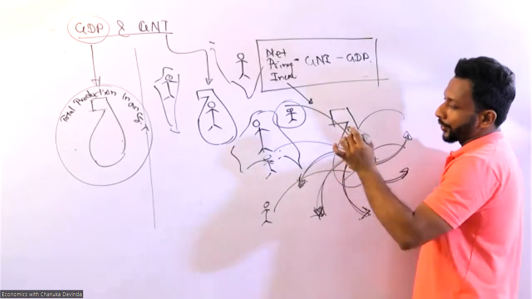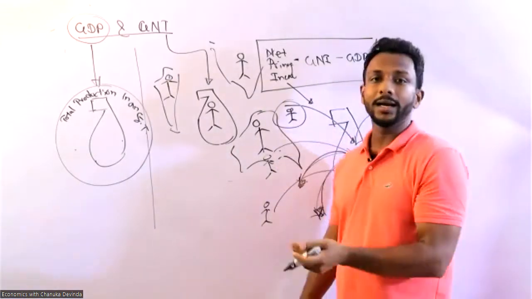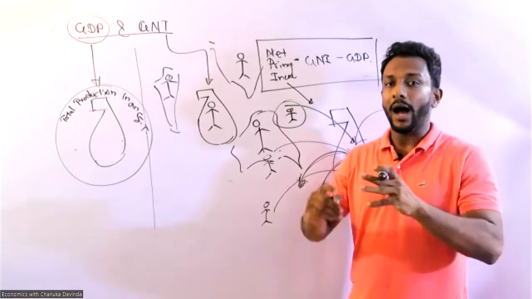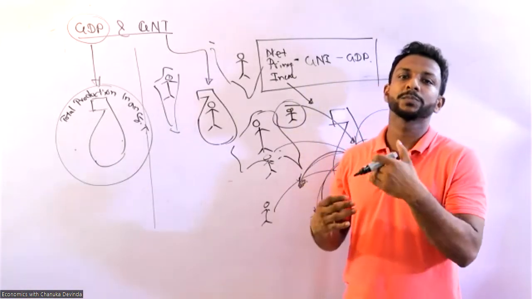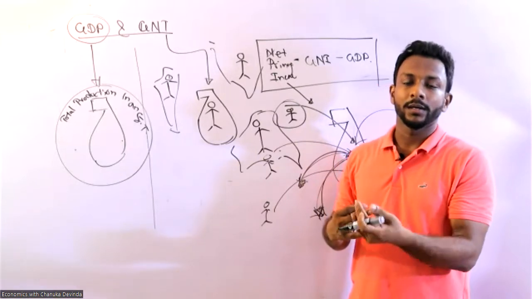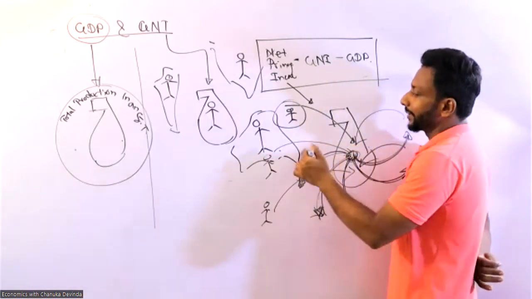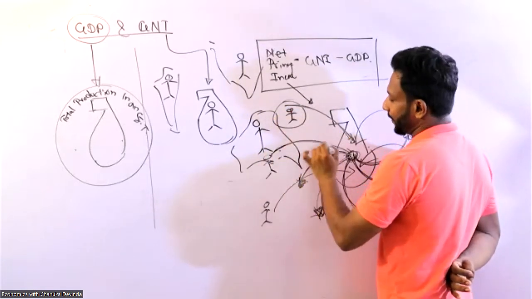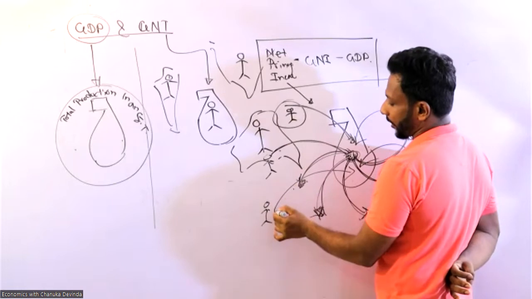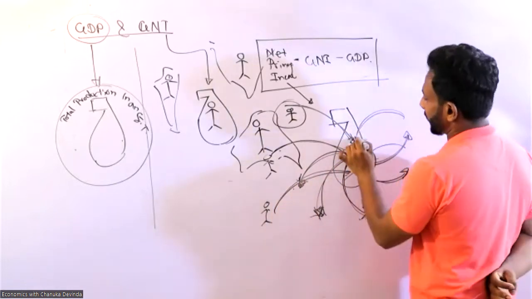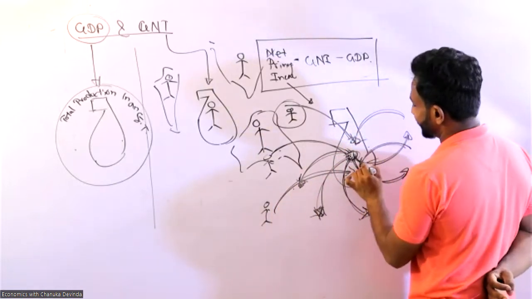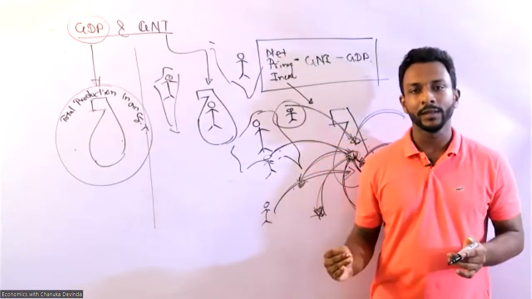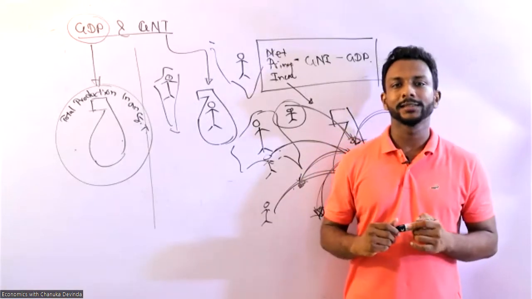But using Sri Lankans' resources, that means residents' resources, other foreign countries have produced products in their country, so the income finally comes to Sri Lanka, because residents are in Sri Lanka.